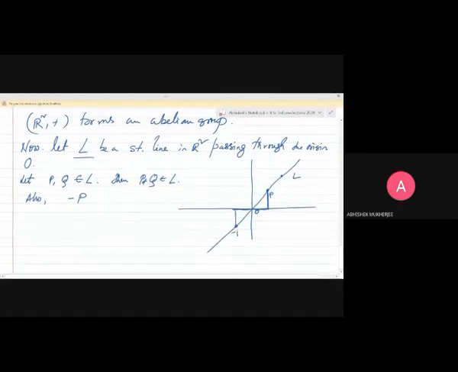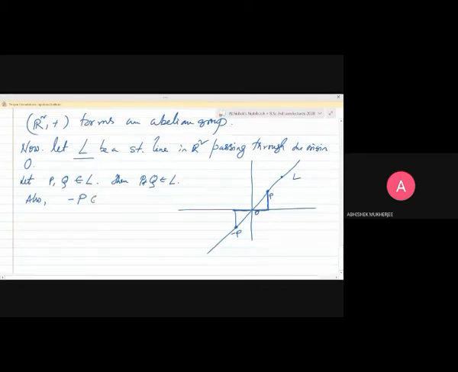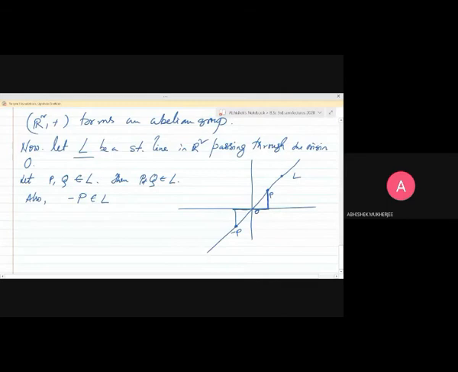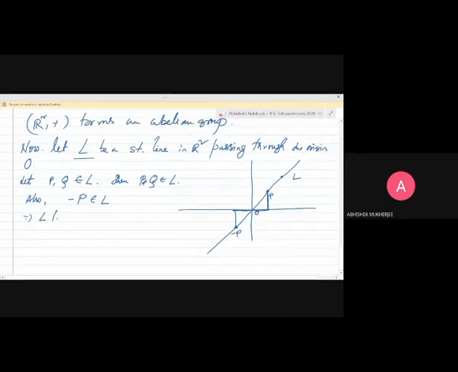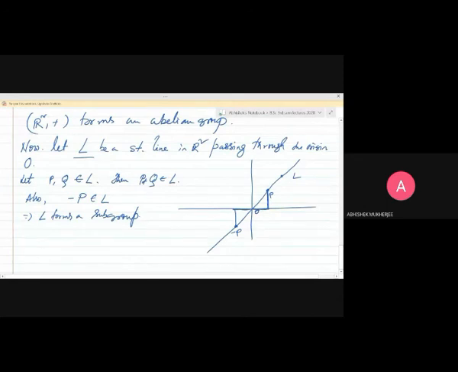This is your minus P, right? So minus P will be in the same line L. So minus P belongs to L. So this proves that L forms a subgroup, right? So given the Euclidean plane R2, any line passing through the origin will be a subgroup. Okay.